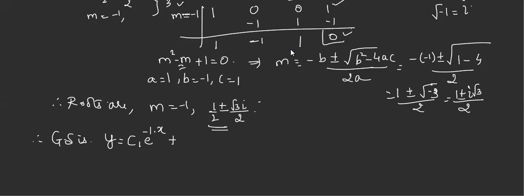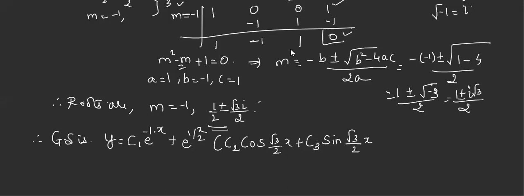So for complex roots, how to write? e raised to the real part into x, into the next constants: C2 cos of the imaginary part, root 3 by 2 x, plus C3 sine of root 3 by 2 x. So this is the general solution.